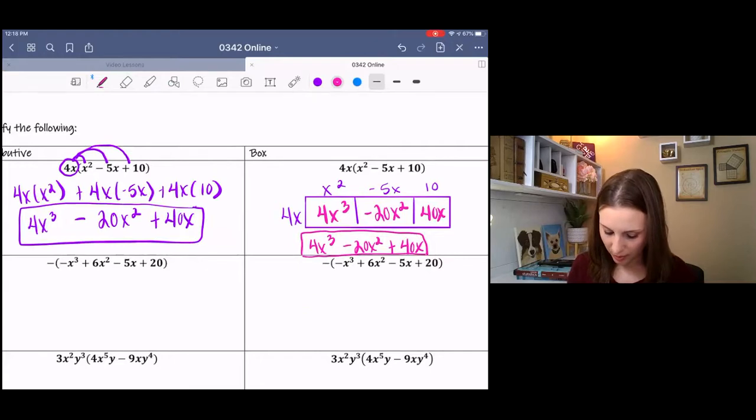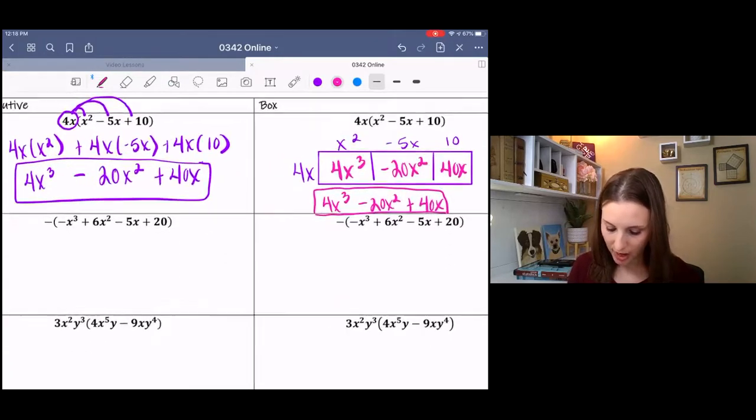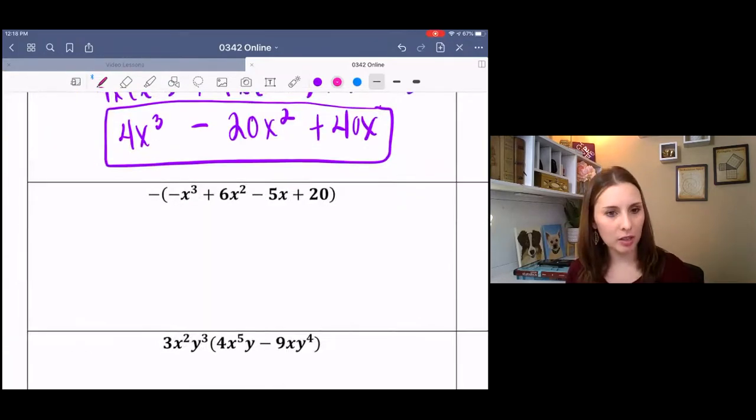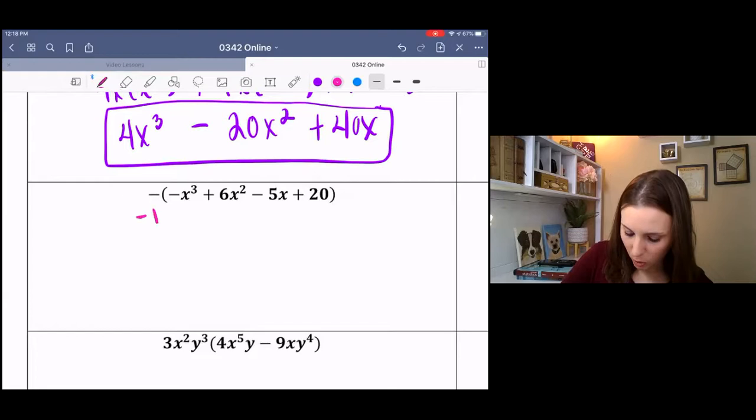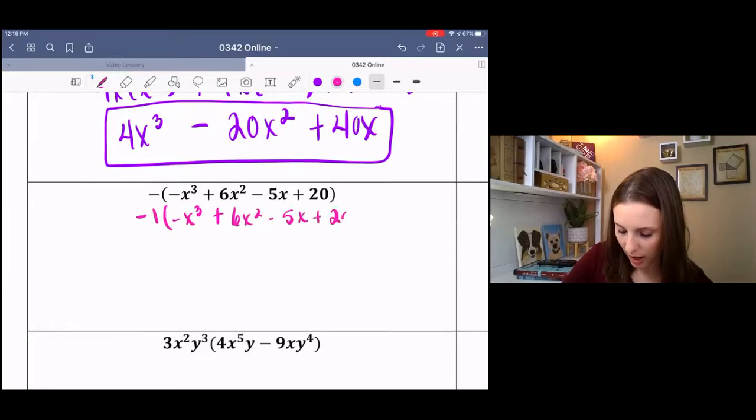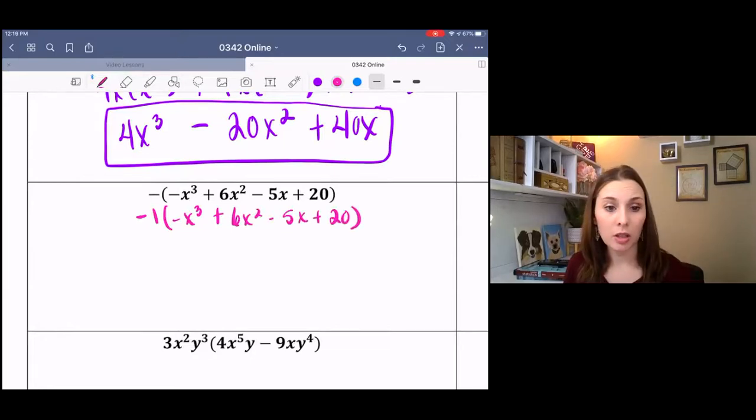In the next example, all I have outside is a negative sign. What would be the number associated with just a negative? This would be a -1 outside. So if you wanted to write the -1, you can.